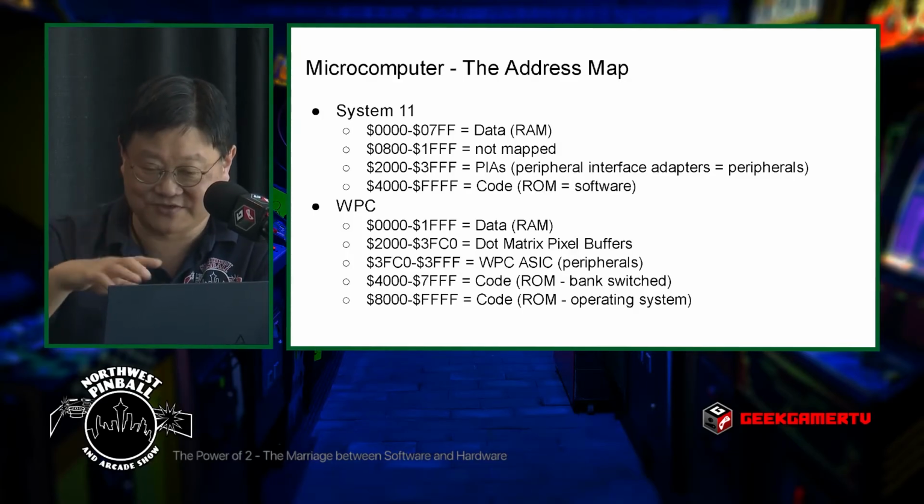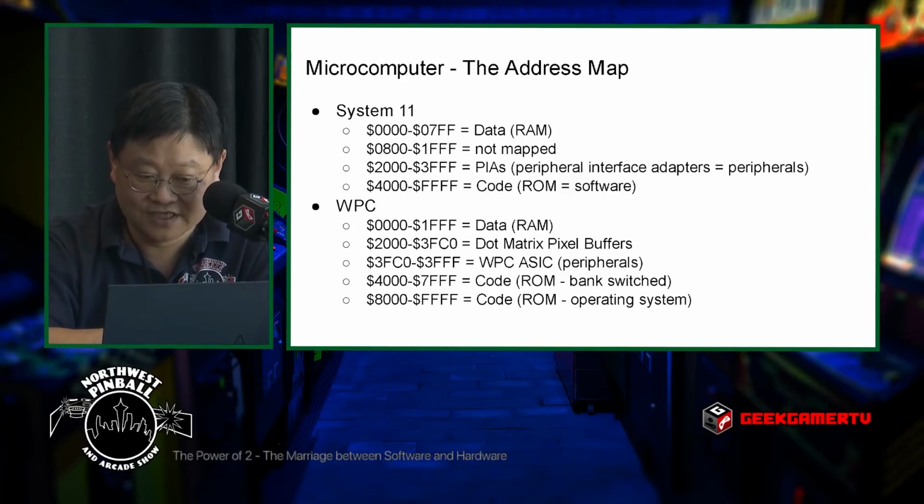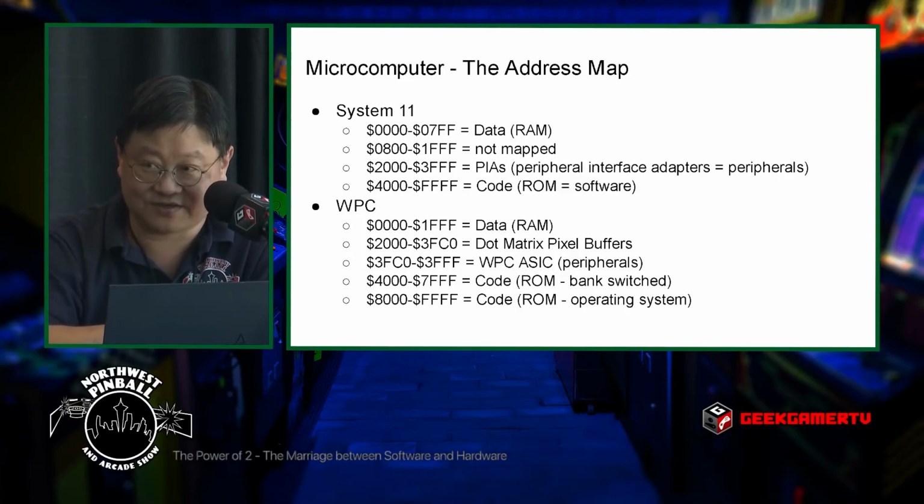That was just unused address space. 3FC0 to 3FFF is all the WPC ASIC stuff. The ASIC is one gigantic address decode chip. It sees all the address bus bits, it decides what it wants to do, and it lights up one specific signal based on an address that it recognizes, and it's capable of breaking down all sorts of different addresses.